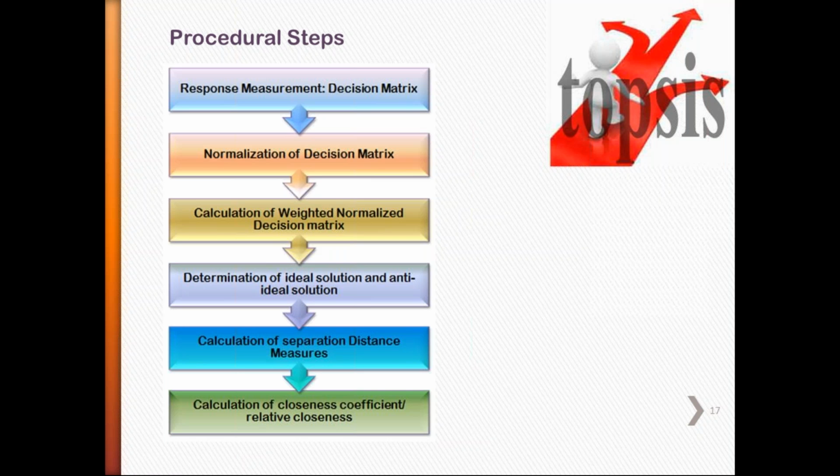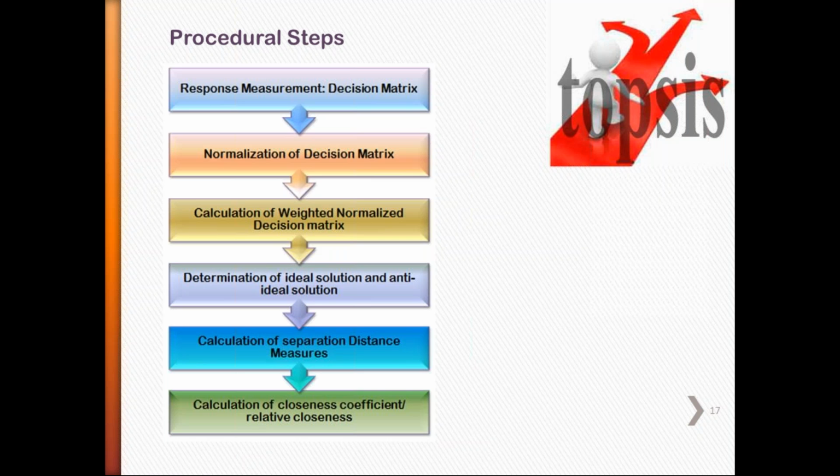For each individual alternative, you have to calculate two separation distance measures. What is the distance between the particular alternative and the ideal alternative? What is the distance between that alternative and the anti-ideal alternative? Based on these two separation distance measures, the closeness coefficient or relative closeness is computed for each candidate alternative.